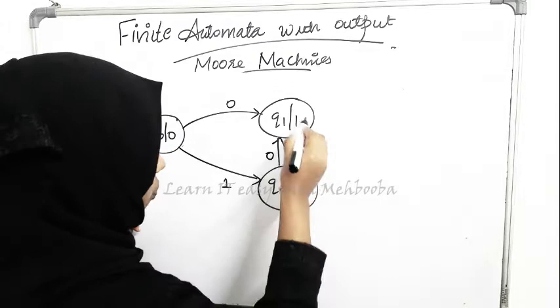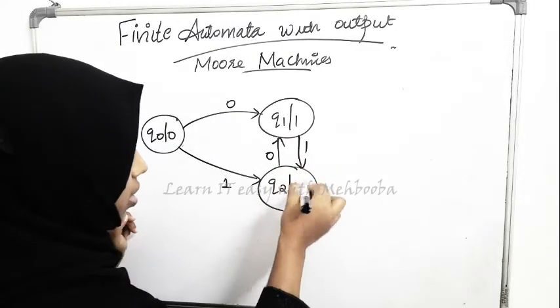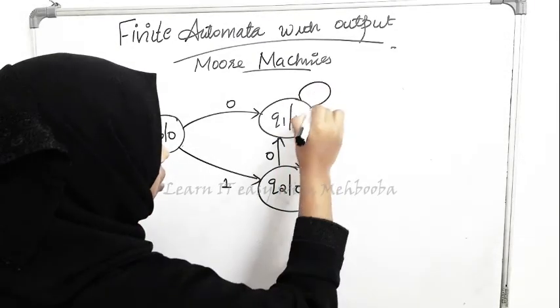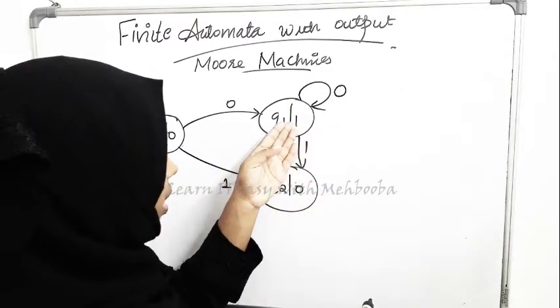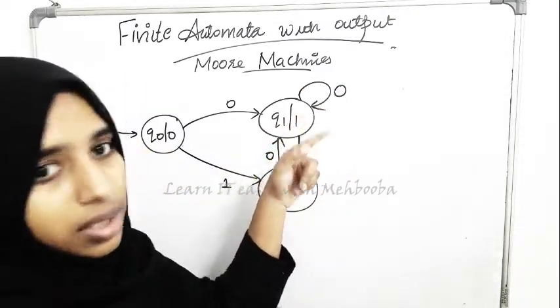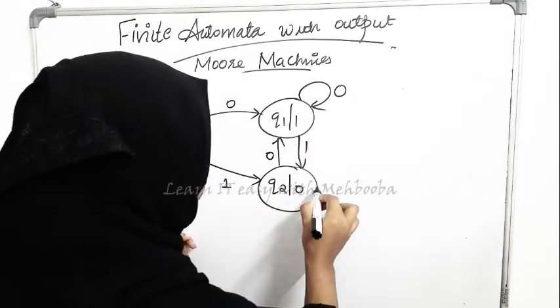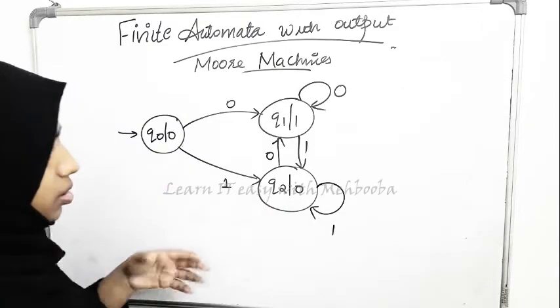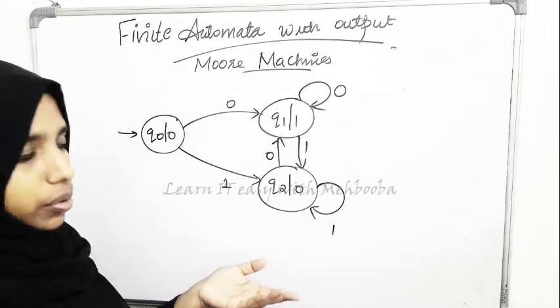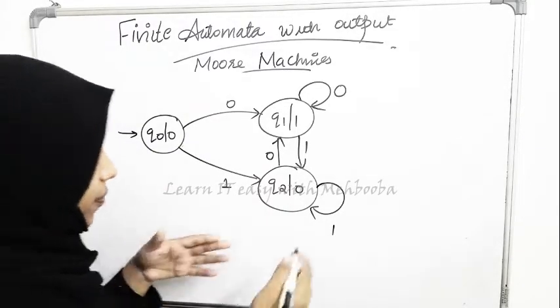If you are getting a 1 in the state, you come to the state that will output your 0. Now if you are having more zeros, stay here itself because the state will keep on giving you 1. If you are having more ones, please stay here because the state will keep on giving you zeros. Okay, this is how we design it.